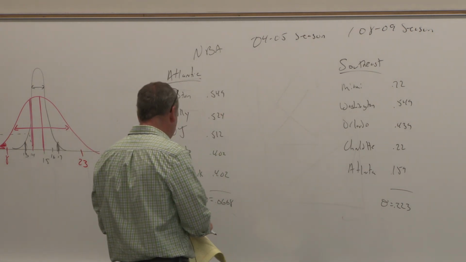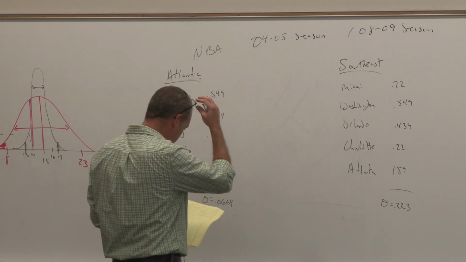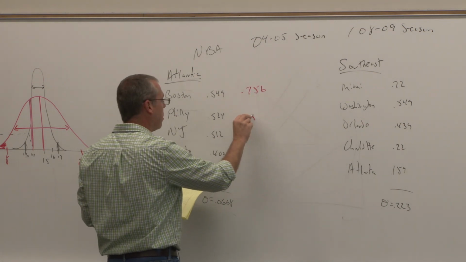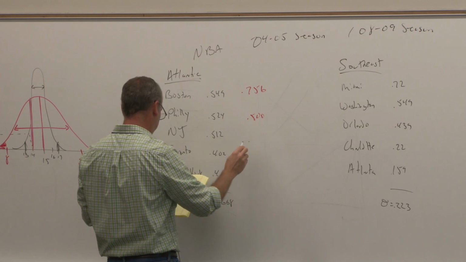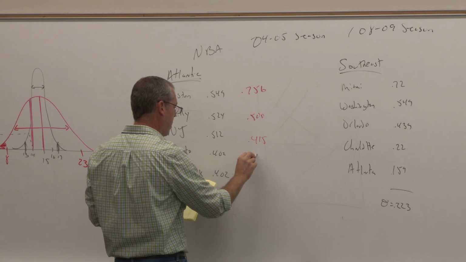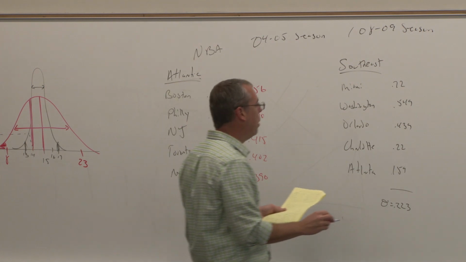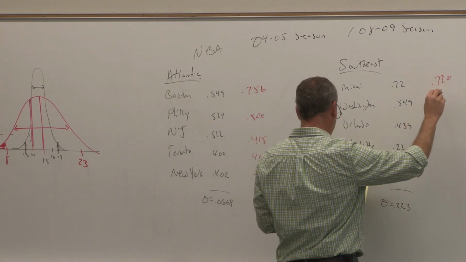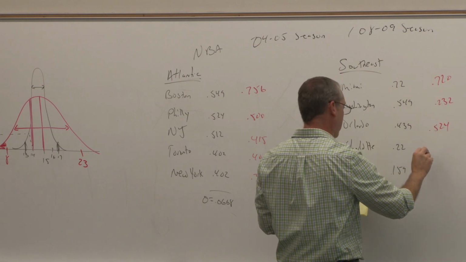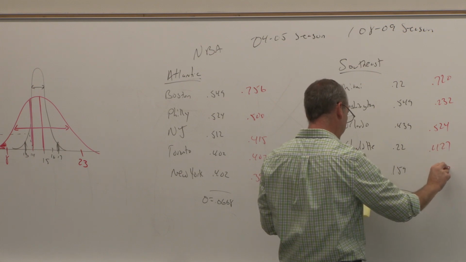And then if you look at the 08-09 season: 0.756, 0.500, 0.415, 0.402, 0.39, and over here, 0.720, 0.232, 0.524, 0.427, 0.5.